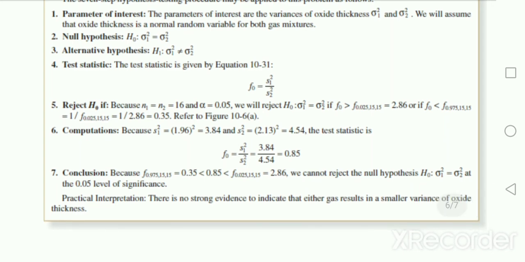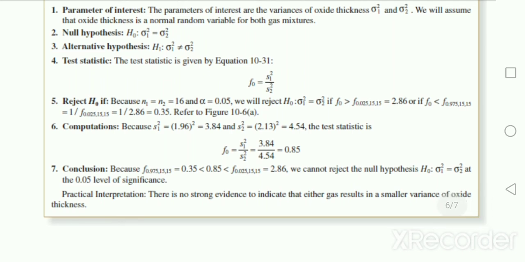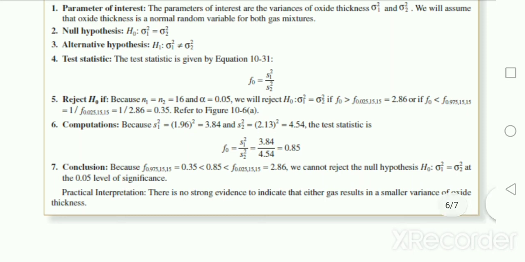This is the opposite case of the rejection criterion. So it does not lie in the rejection region, and we cannot reject the null hypothesis. So we accept the null hypothesis.